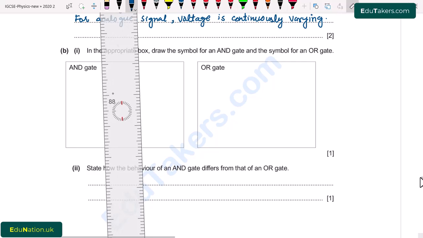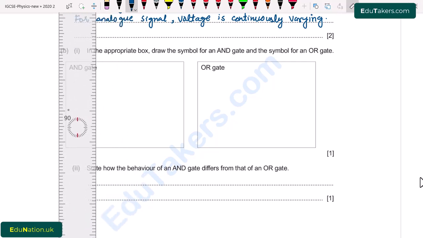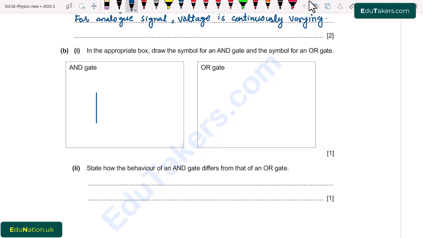I use ruler, and for AND gate I just draw a straight line, and it will be just like this.